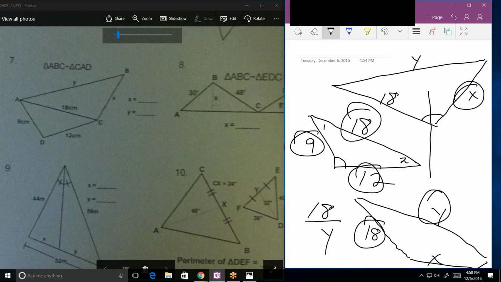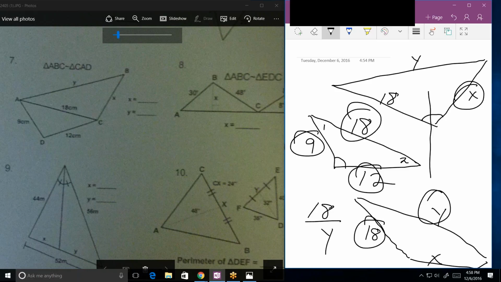By separating the two triangles like I did, and then rotating the right triangle so that it is oriented in the same way that the smaller triangle is, now it's really easy to match up corresponding sides. I know the y and the 18 are opposite the biggest angle, so they go together. And then I know that the 9's got to go with this 18 here.